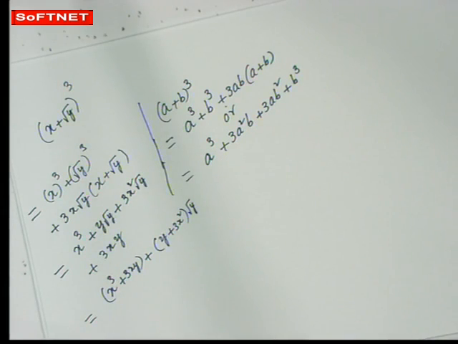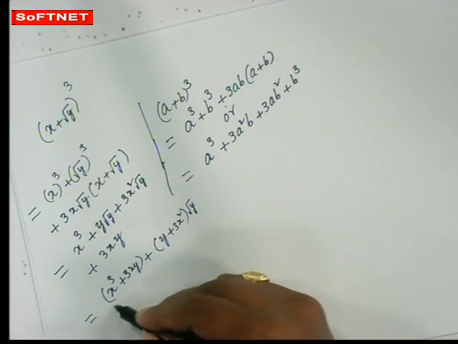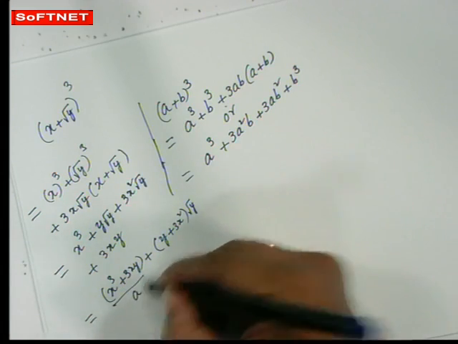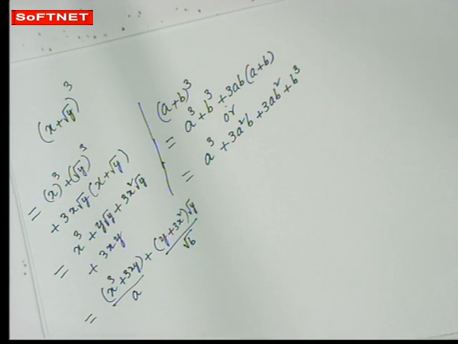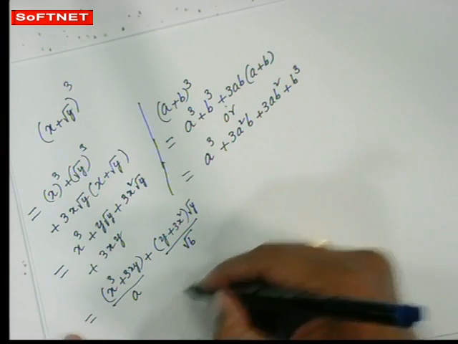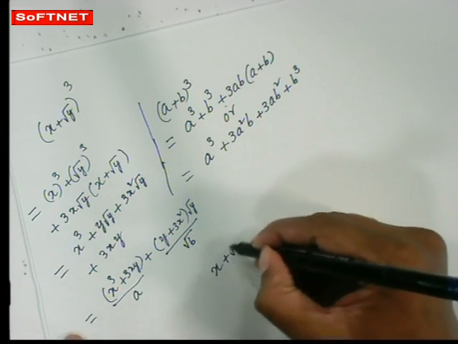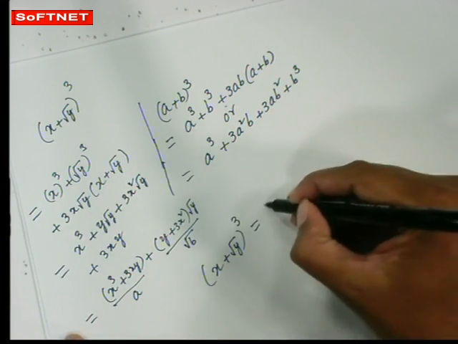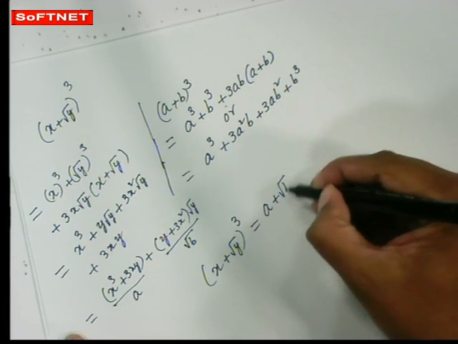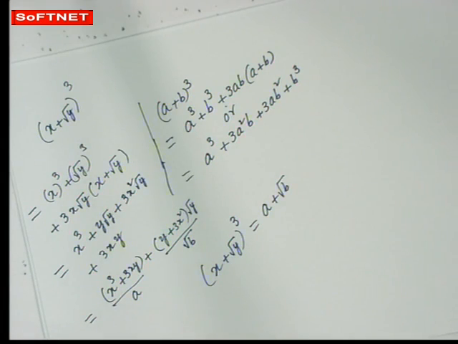If you carefully observe it, this is a plus surd root b. Again this (x plus root y) whole cube is of the form a plus root b. That means the cube of x plus root y is always again a binomial surd of the form a plus root b.